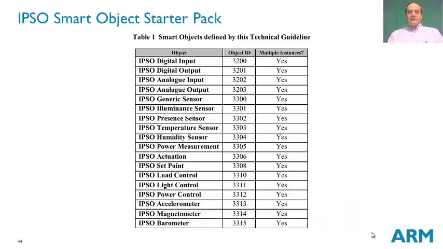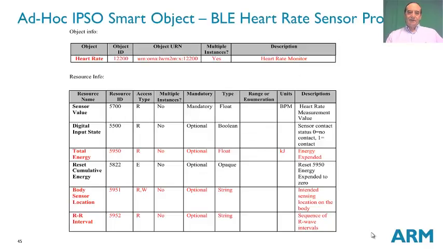The IPSO Smart Object Starter Pack is the first guideline published by IPSO, and it has a set of very simple starter objects that represent some simple base concepts like generic sensors and digital analog IOs, things like temperature, presence sensor, humidity, light control, accelerometer, this kind of thing. So this is basically just an initial set of objects to show how smart objects can be used and to get people started.